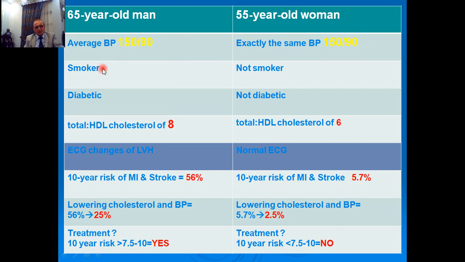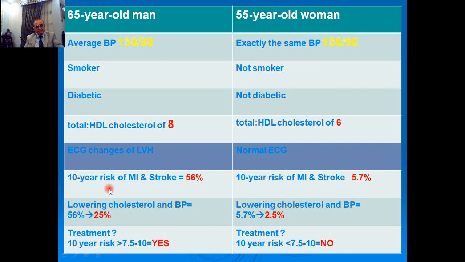But the man is a smoker, the lady is not a smoker. The man is diabetic, she is not diabetic. His total cholesterol over high density is 8, hers is 6. Previously we mentioned left ventricular hypertrophy, there is no need to mention that.